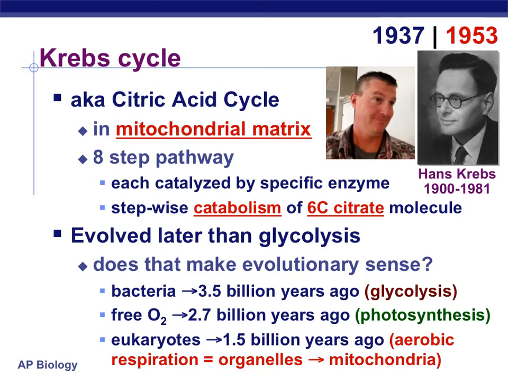About 3 billion years ago or so, we've got evidence of atmospheric oxygen, so photosynthetic bacteria or even blue-green algae had evolved. And eukaryotes were only about 1.5 billion years ago or so, where we have evidence of aerobic respiration. Why? Because there are organelles, including the mitochondria.